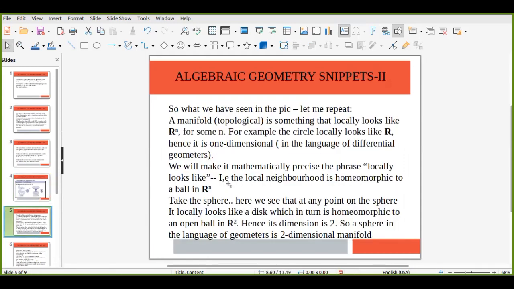So that chart description gives rise to what is called a differentiable atlas, a differentiable structure through atlas. Okay, so a sphere, in the language of geometry, is a two-dimensional manifold.